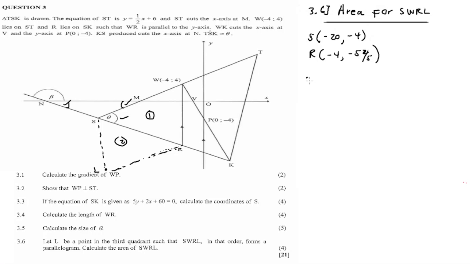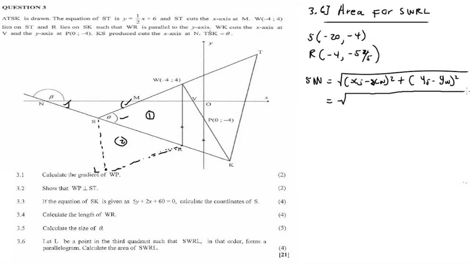So let's start with SW equal to the square root of XS minus XW squared plus YS minus YW squared, is equal to the square root of XS is -20 minus XW.